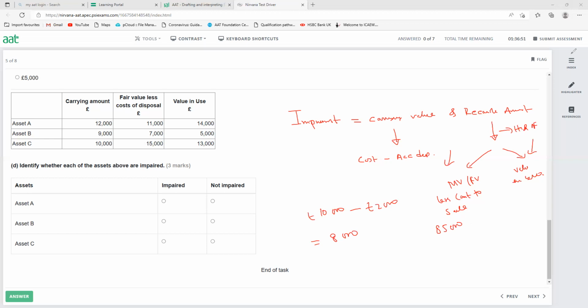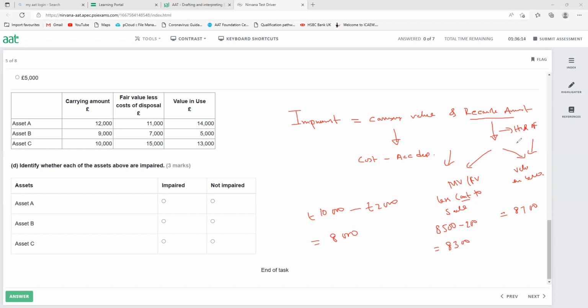But to sell this one, I have to pay some commission, some advertising, whatever. So let's say there is a cost of 200, so less cost to sell. So I'm going to get 8,300 if I sell it now. And if I don't sell it, if I use it in the business, let's say the value is 8,700. So that is value in use. Rather than sell it, I use it in the business, and that will give me the value 8,700.